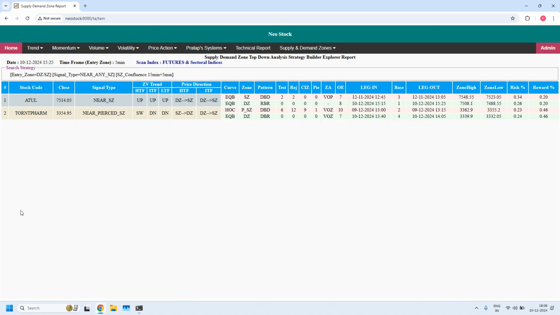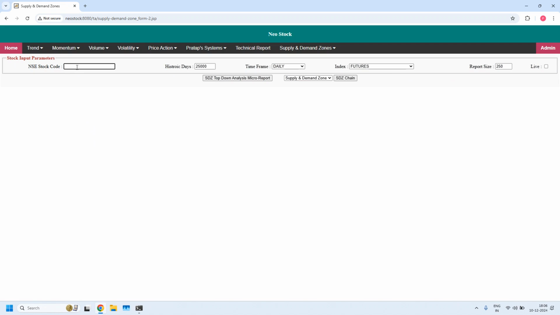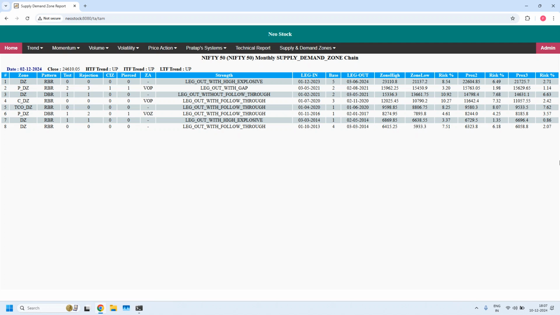Next, let us identify NIFTY and BANKNIFTY supply demand zone chain. Let's start with NIFTY, generating monthly supply demand zone chain for NIFTY. This is monthly supply demand zone chain. Always look into zone column to find high liquidity zones.